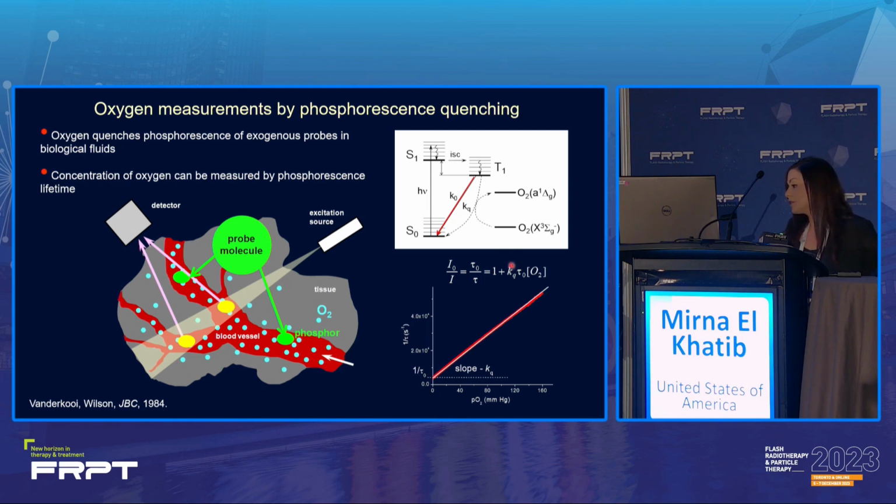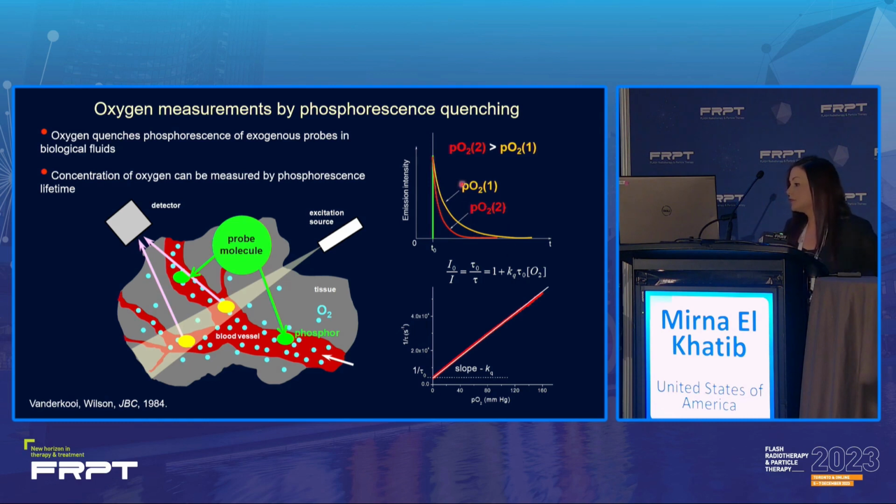So essentially, the concentration of oxygen is inversely proportional to the lifetime of the probe. So the higher the oxygenation, the shorter the phosphorescence decay that is observed.